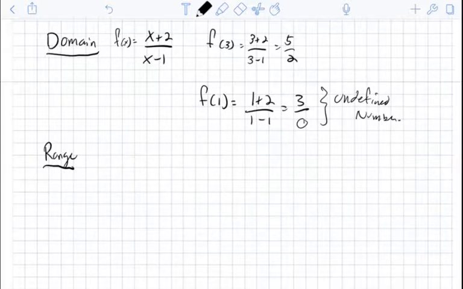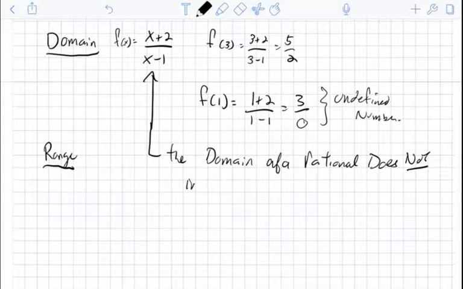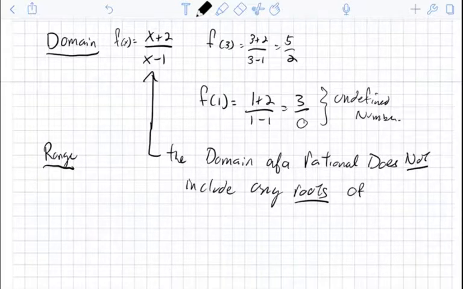But until then, just know the domain of a rational does not include any roots of its denominator. Which is part of the reason we like talking about roots.